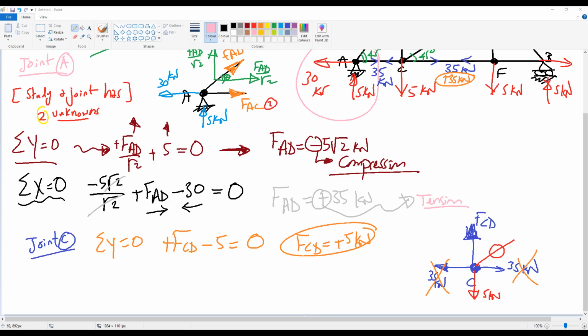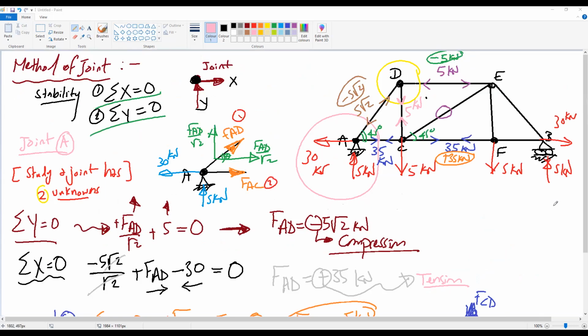Anybody can say what is the forces for member EF and FB and EB?